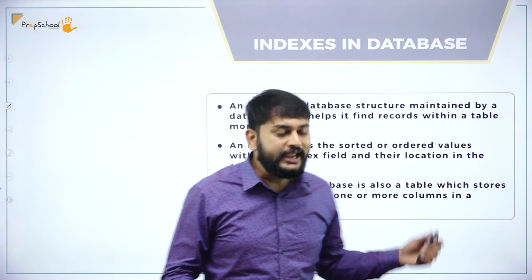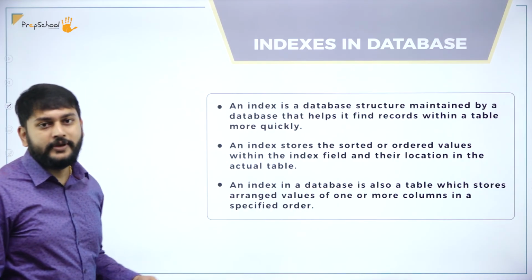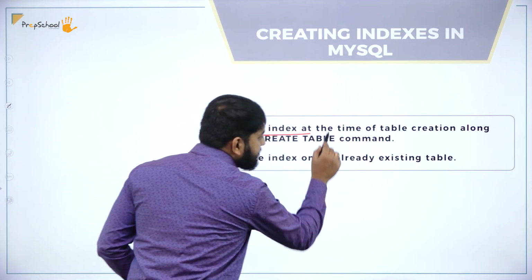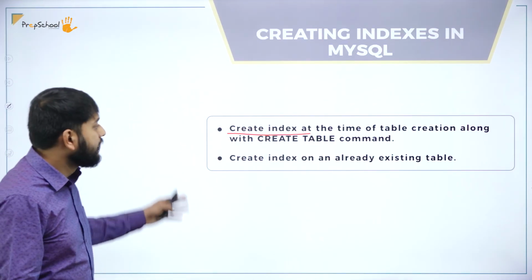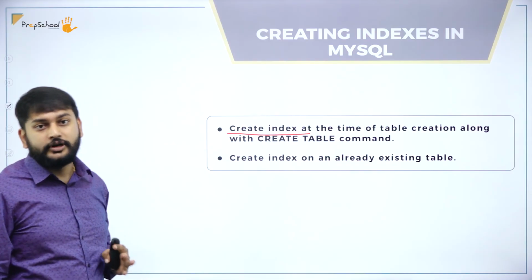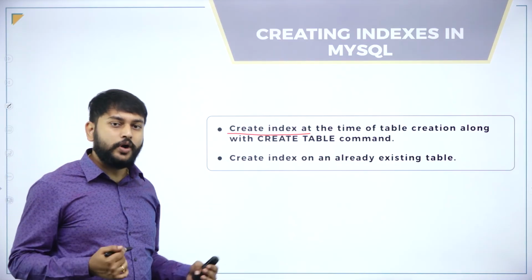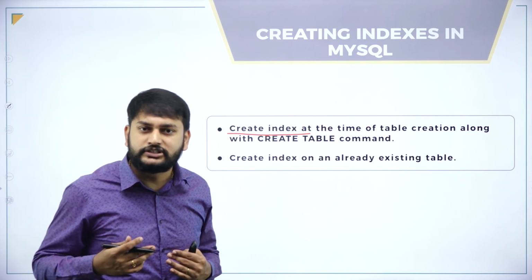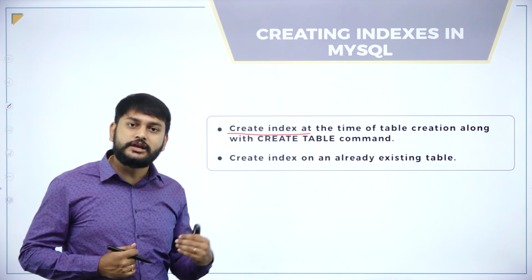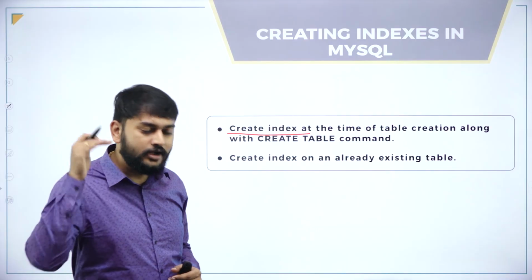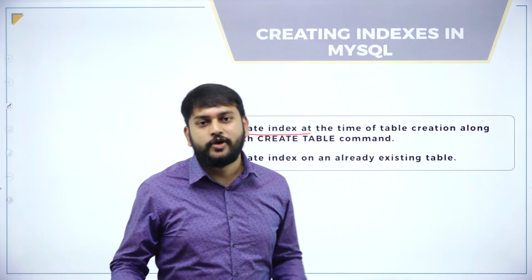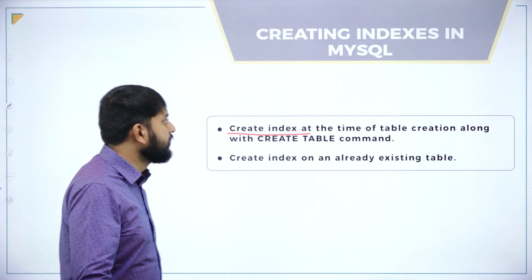That is the use of indexes in the database. I will be creating the index at the time of creation of the table. That's what you have to remember. That is one of the advantages of using an index: it helps me access the data directly.